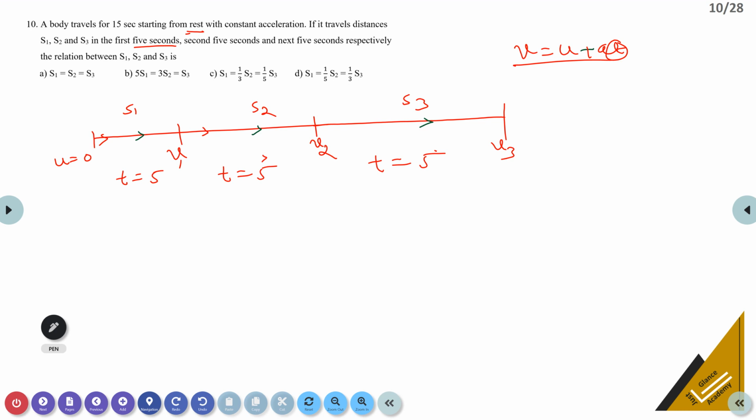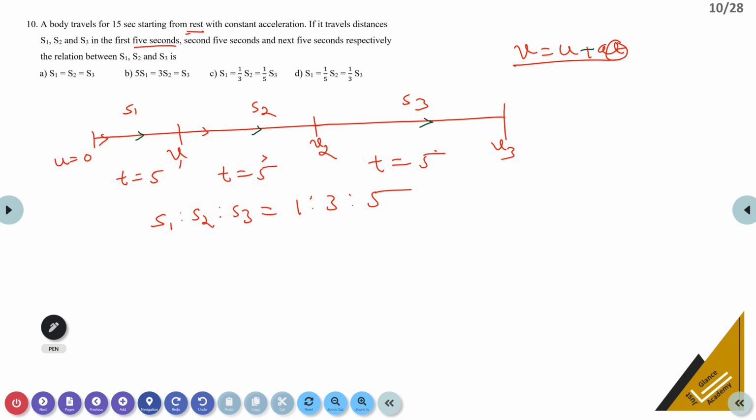Of course, we can do it in a lengthy form also, but that is not required. S1 is to S2 is to S3 equals 1 is to 3 is to 5. This is the ratio.